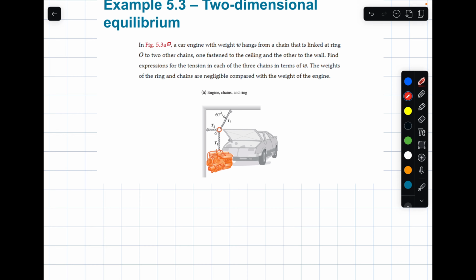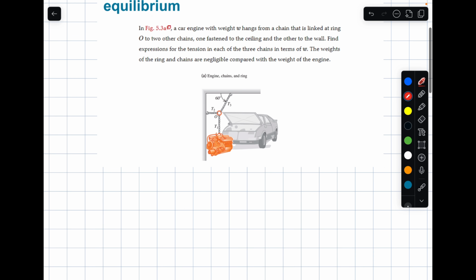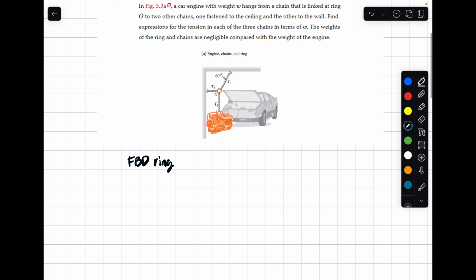So what is the object that is mediating all these tensions? All these tensions are connected to the ring. So what we could do is draw the free body diagram of the ring. An object doesn't need to have a mass in order for you to draw a free body diagram on it. Okay?